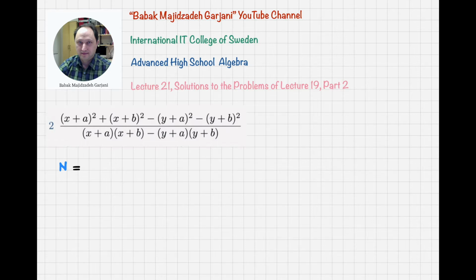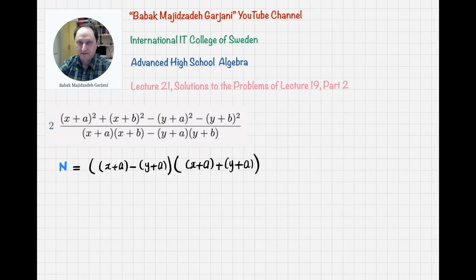So the first part becomes the square root of the first one, x plus a, minus the square root of the second one, y plus a, and then multiplied by the square root of the first one, x plus a, plus the square root of the second one.